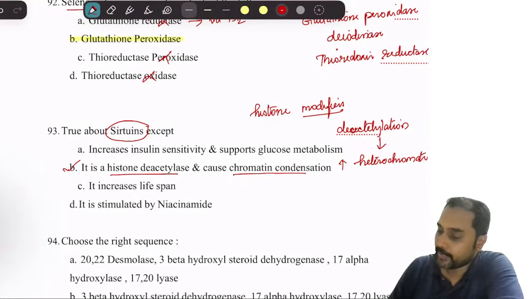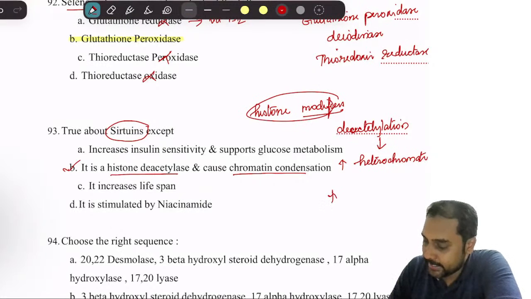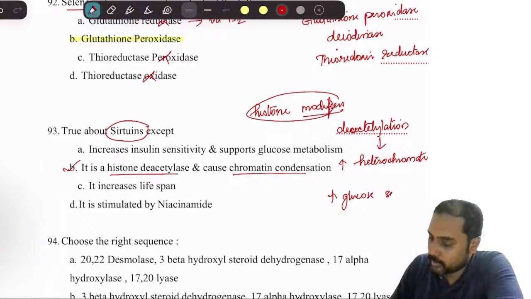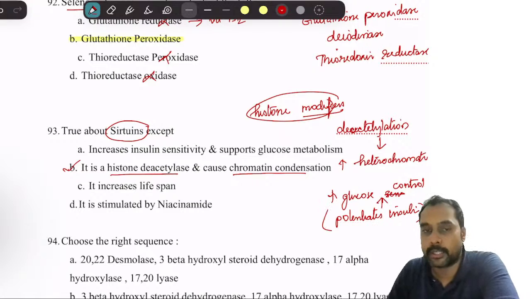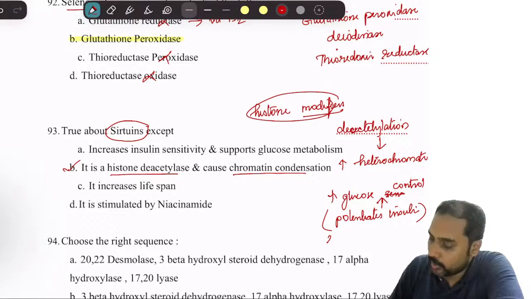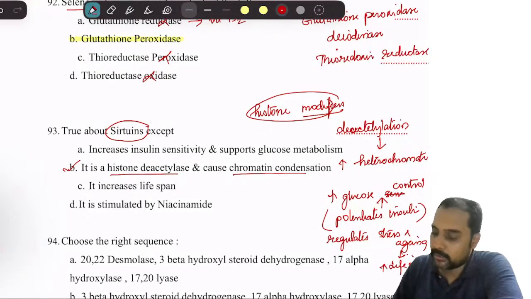Number two is this histone modifier sirtuin increases glucose control. How it does means it potentiates insulin. It potentiates insulin and increases glucose control, and it also regulates stress and aging. So that means that it increases the lifespan. So this is also correct, and this is also correct.